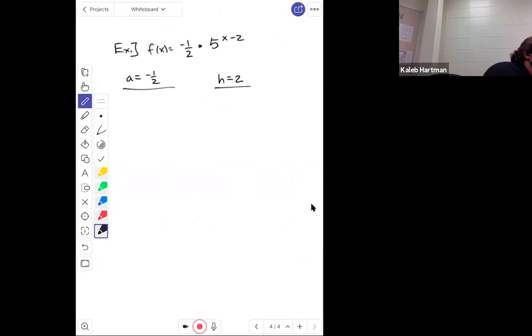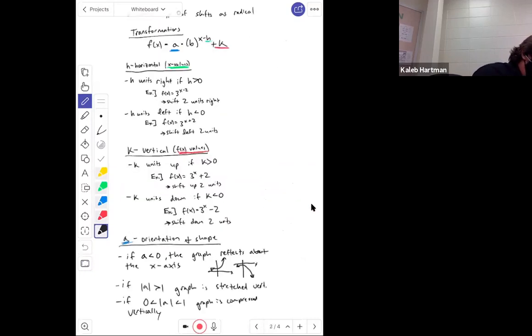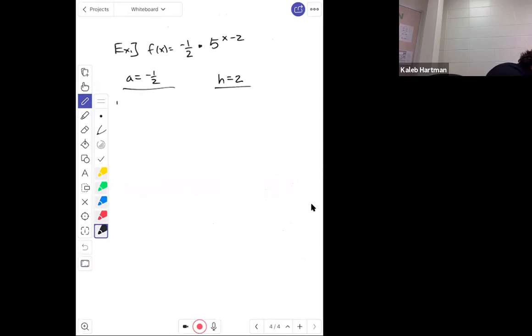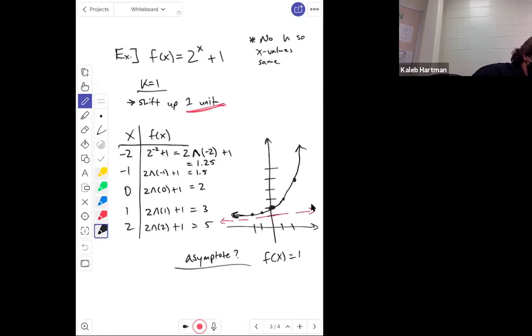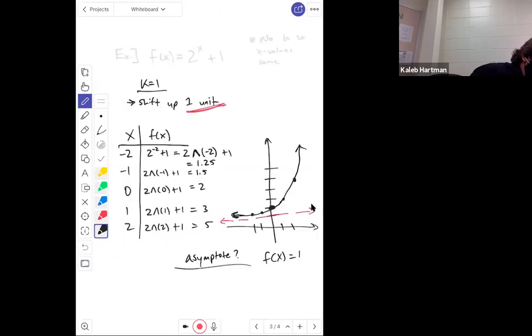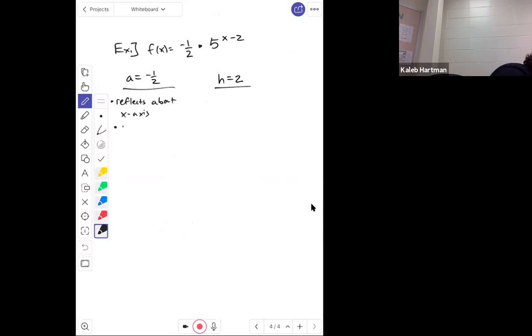So if a equals negative 1/2, how does that change my function? Well, a is less than 0, so it reflects across the x-axis. And because a is a fraction, between 0 and 1 in absolute value, it is compressed vertically.